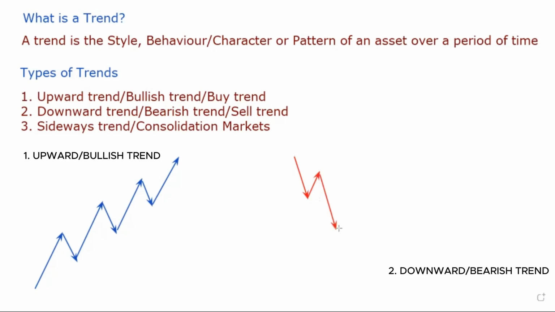So then it creates a high that is lower, then it creates a low that is lower, creates a high that is lower, and the market continues in this manner, right? So this is a bearish trend.